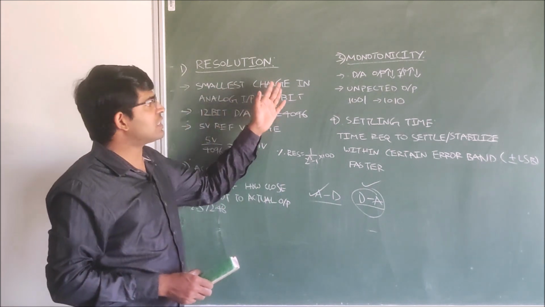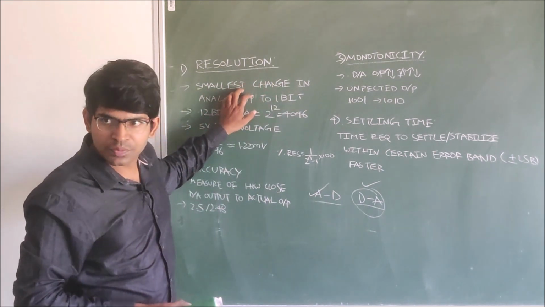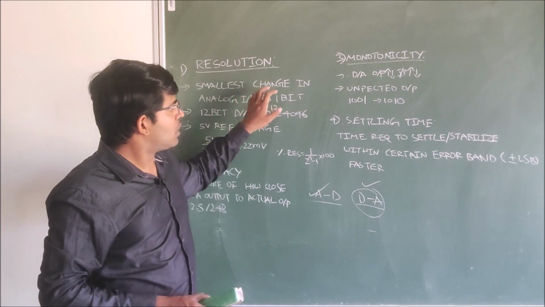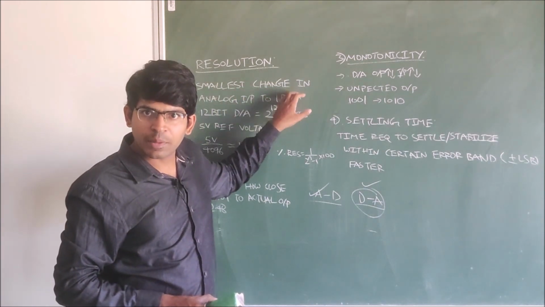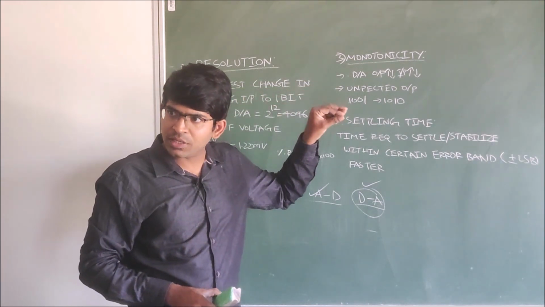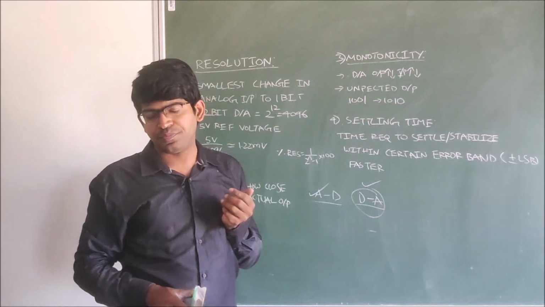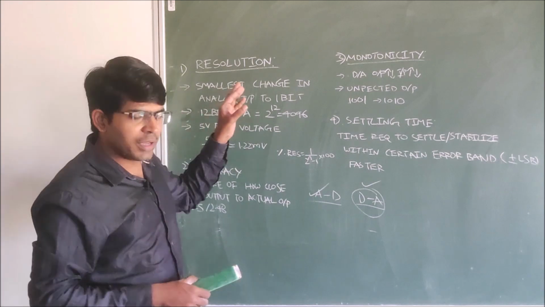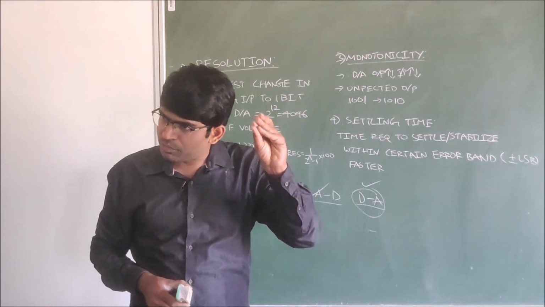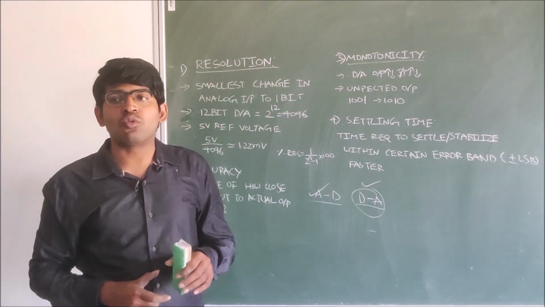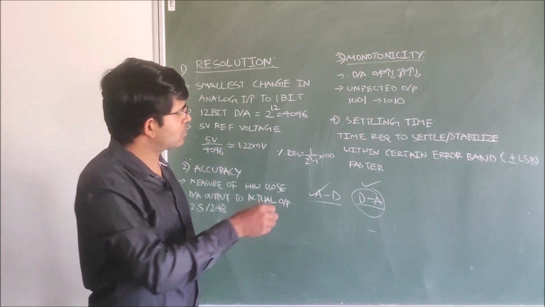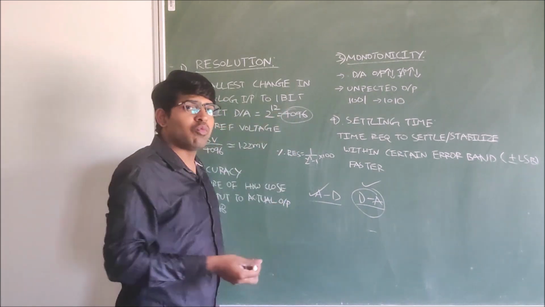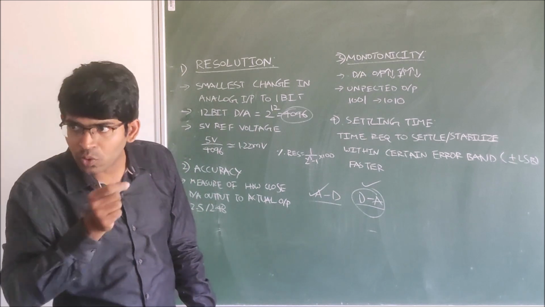So the smallest change in the analog input should be represented in the binary information. Example, we have a 12-bit digital to analog converter. 12 bits means we have 4096 voltage levels.